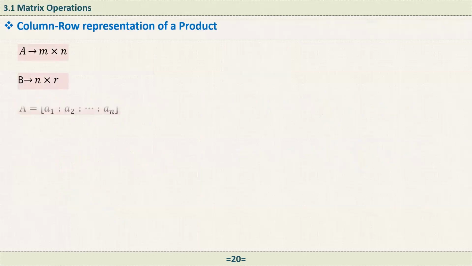So that is actually the definition of the product of two matrices. Column, row. So the first one was matrix, column. Second one is row, matrix. But now here we'll see column, row representation. That means that we are multiplying the columns of the second matrix by the rows of the first matrix. Okay.